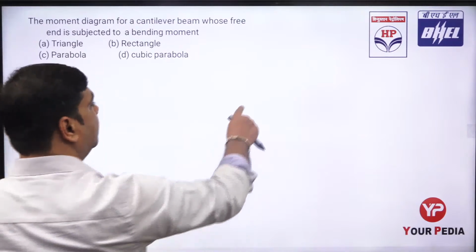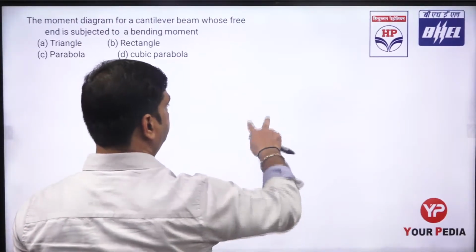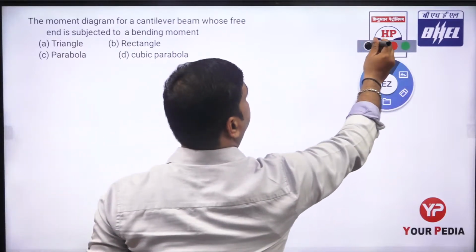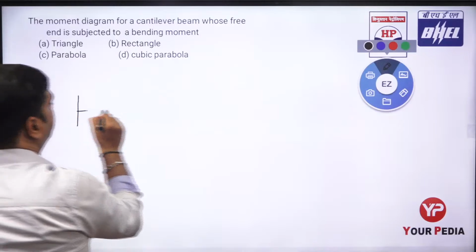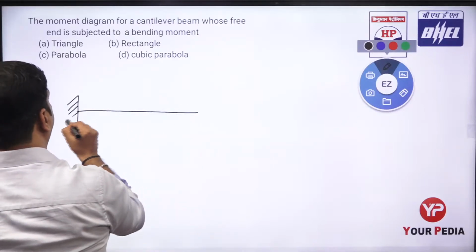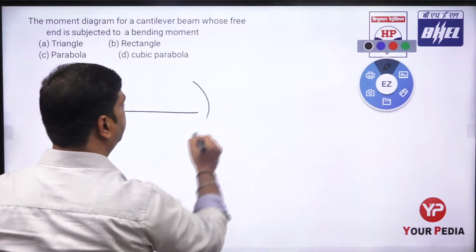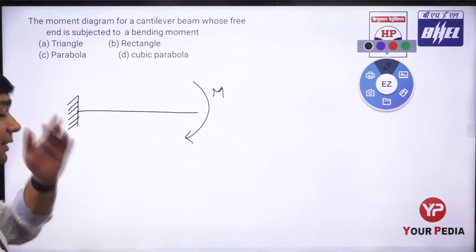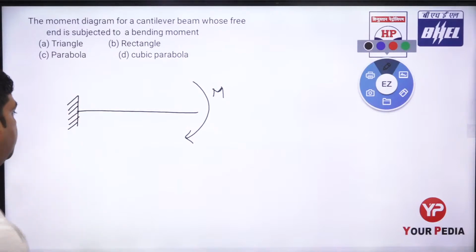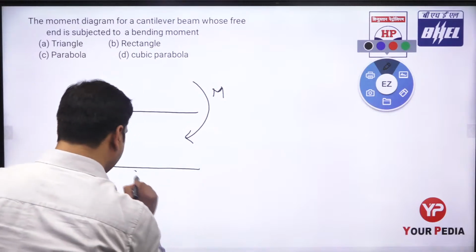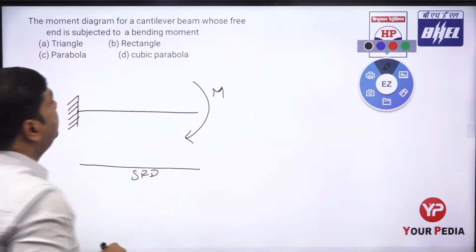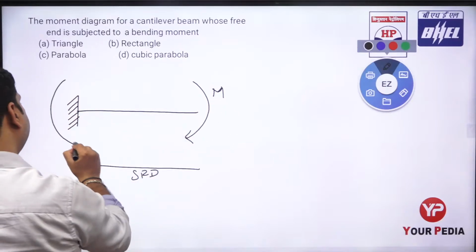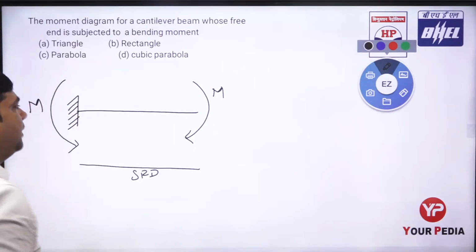I'm just talking about a cantilever beam subjected to a moment like this. If it is subjected to a moment, there is no shear force on that member, so the shear force diagram will look like this. If I talk about the bending moment diagram, there is a bending moment M here. There is one resisting moment which keeps the member in equilibrium.